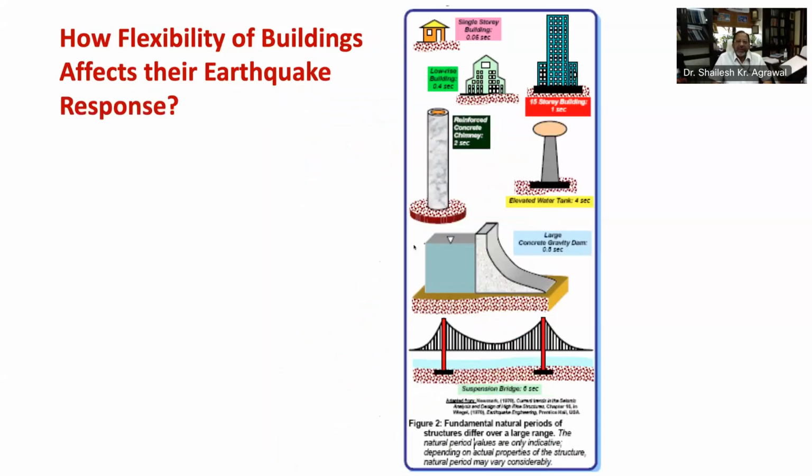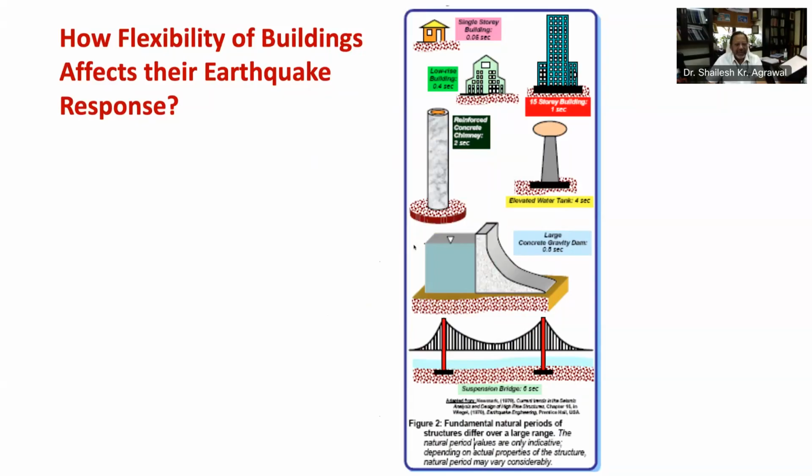The fundamental natural period T of normal single-story to 20-story building are usually in the range of 0.05 seconds to 2 seconds. This time period is inherent property of building, and any alteration made to the building will change its T, that is fundamental time period.